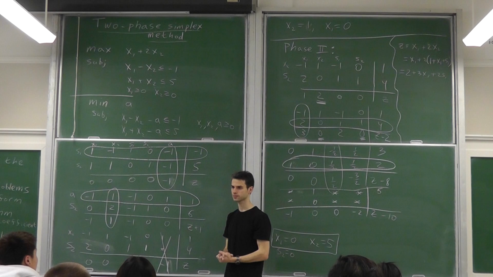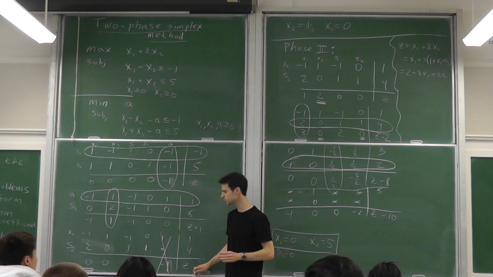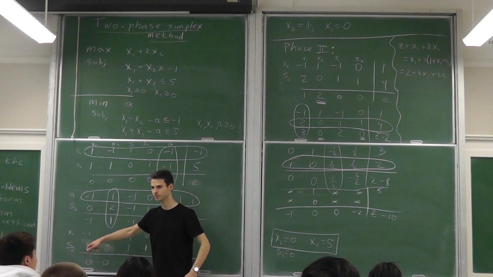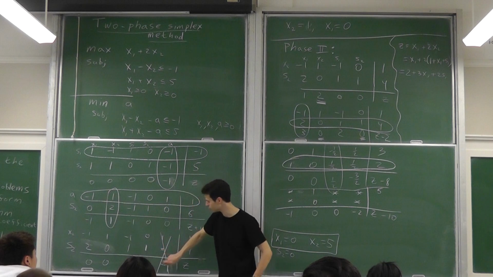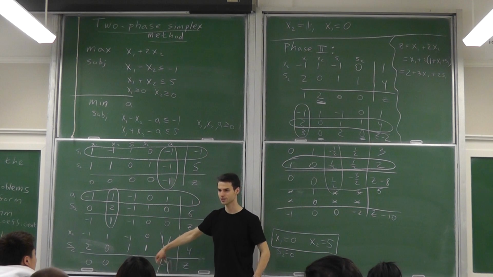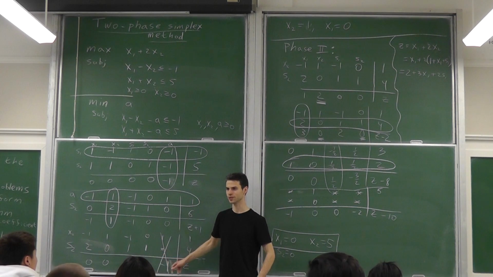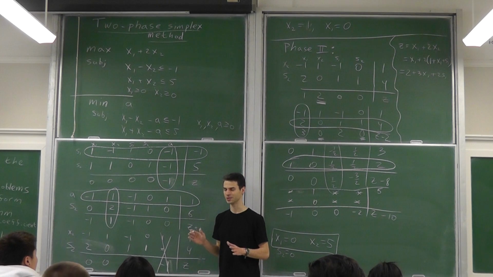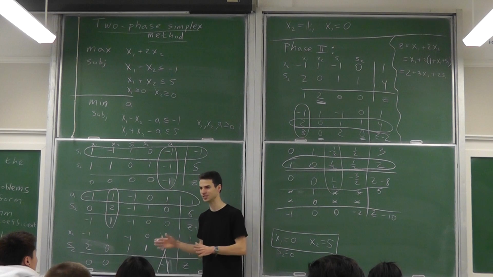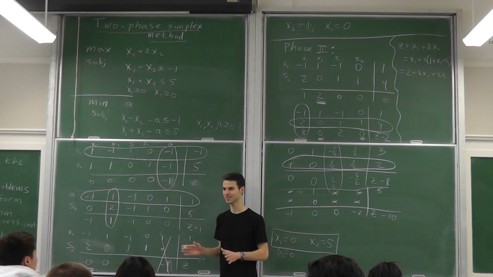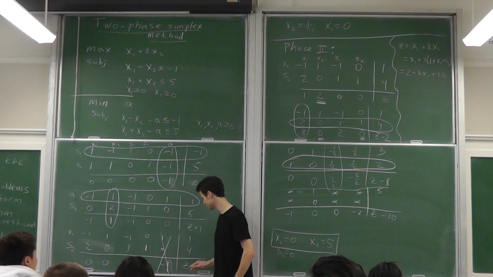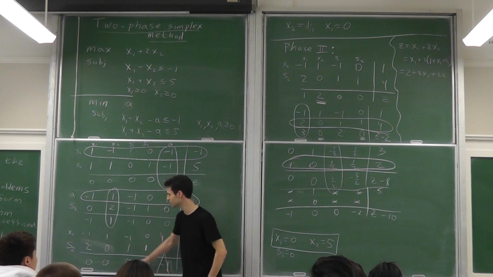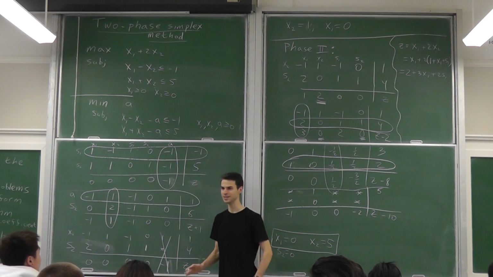Yes. And there is one thing to remember. In the last dictionary, if you actually get to z equal to 0, the last row must look like 0, 0, 0, 0, minus 1. Basically, z is minus the artificial variable. If you do get it, it's likely that you didn't make any arithmetical mistakes in between. What do you mean by z equals 0?